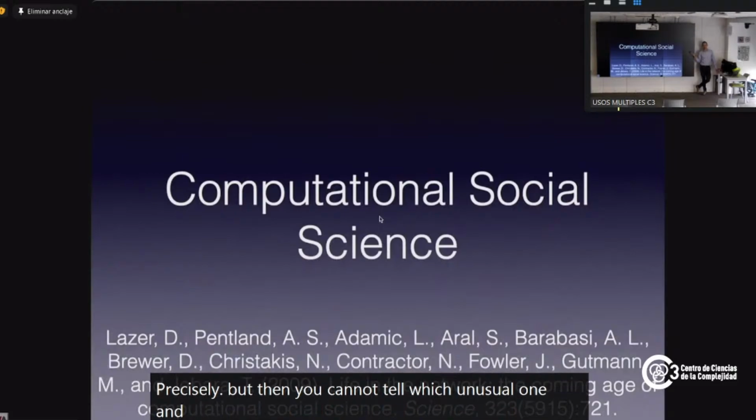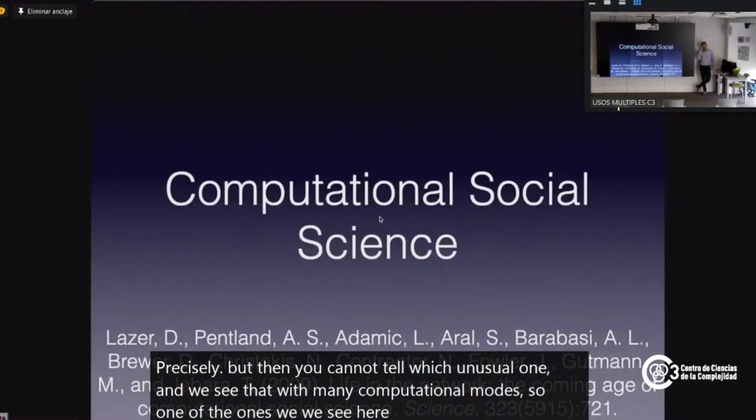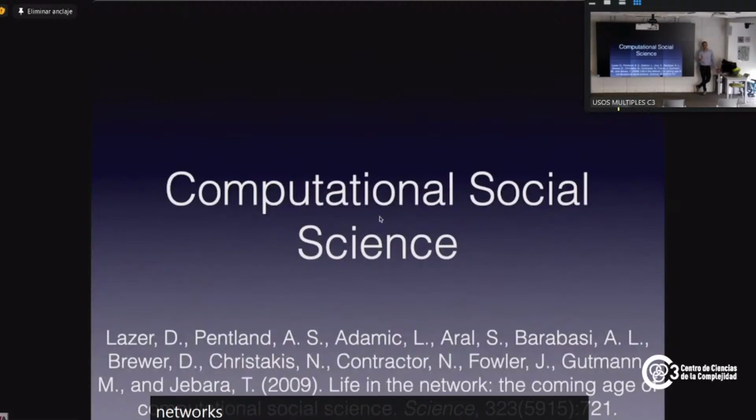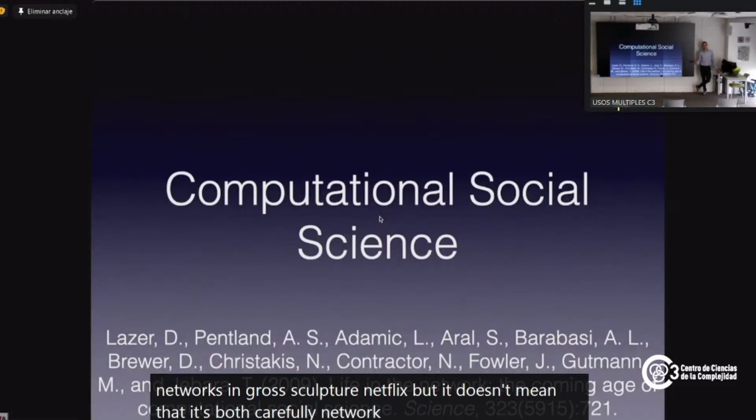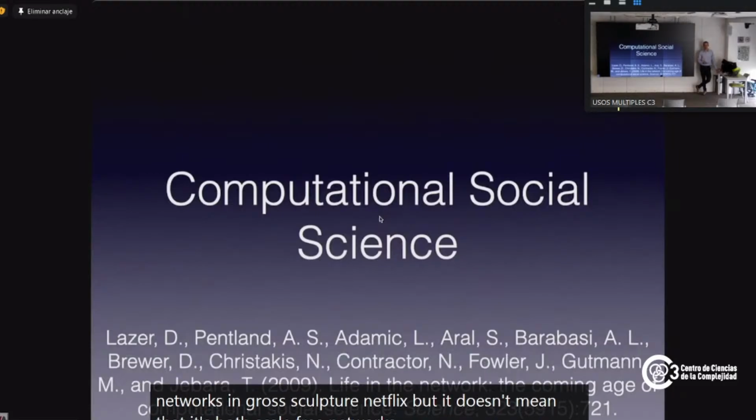And we see that with many computational models. So one of the ones we've seen, the preferential attachment of Barabasi-Albert, grows scale-free networks. It grows scale-free networks, but it doesn't mean that all scale-free networks that we observe in nature do that mechanism.